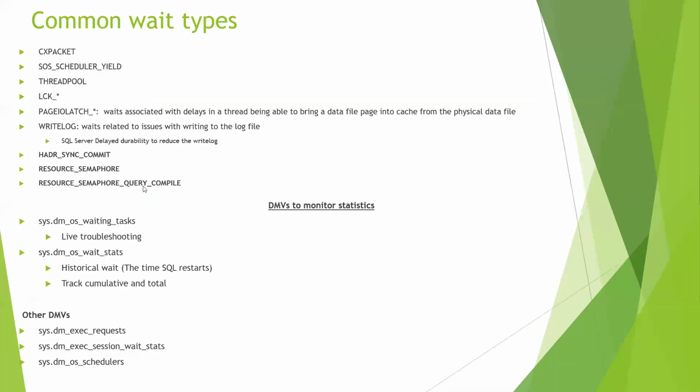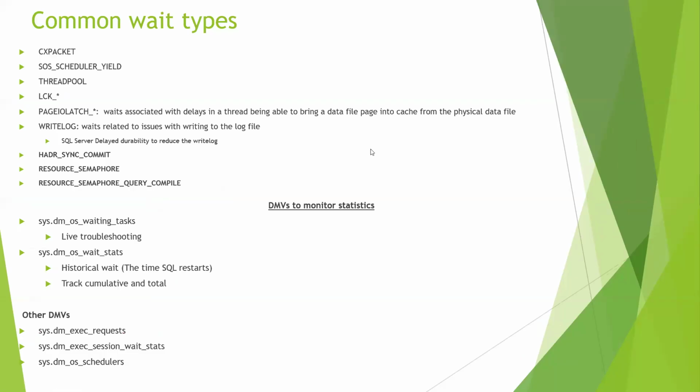So when do we need to worry about SOS scheduler yield? We have to worry if a high number of workers, a high number of threads, are waiting for SOS scheduler yield.